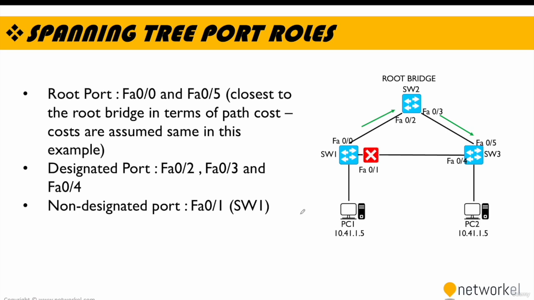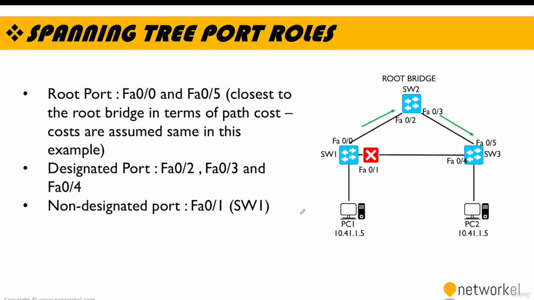And the last state is the blocked port, a port that is not currently forwarding frames because it has been placed in a blocking state to prevent loops. So it prevents network loops by disabling redundant paths while still listening for BPDUs to maintain awareness of the network topology.